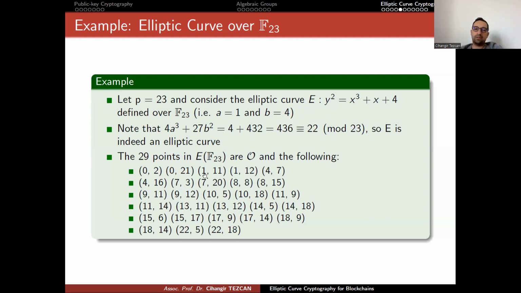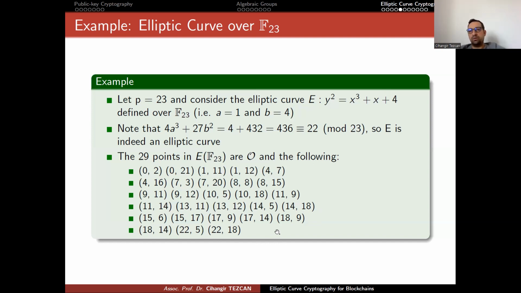If you choose x equals 1, you observe that y equals 11 and 12 satisfy this equation. But when you choose x equals 2, you will realize that there is no y in this field that satisfies this equality. This way, you can write everything and you end up with 28 points, plus the point at infinity, so you have 29 points.